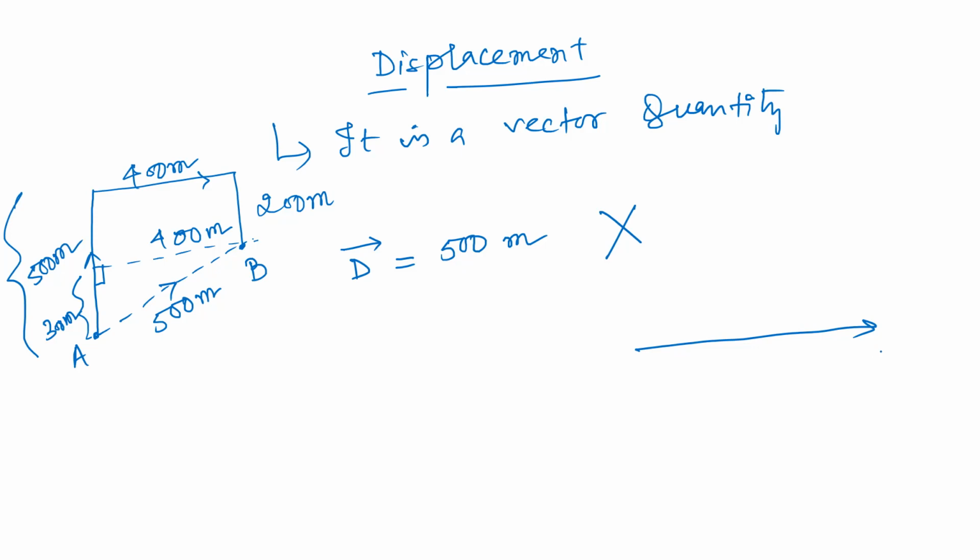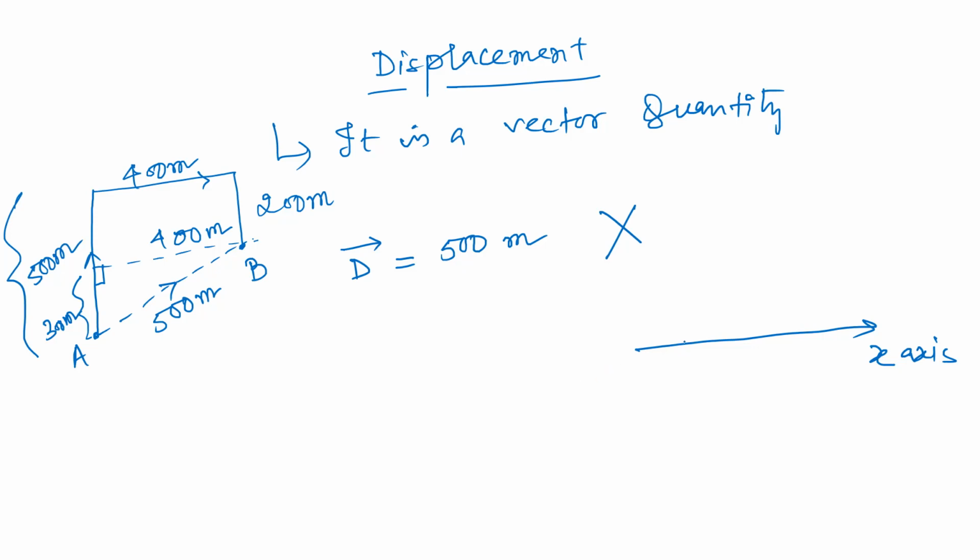Suppose I'm talking about the x-axis, right? Along the x-axis, if I am measuring the displacement, in that case I will write down a unit vector that will work along the x-axis. What I mean by unit vector is a type of vector that determines the direction of that particular quantity.